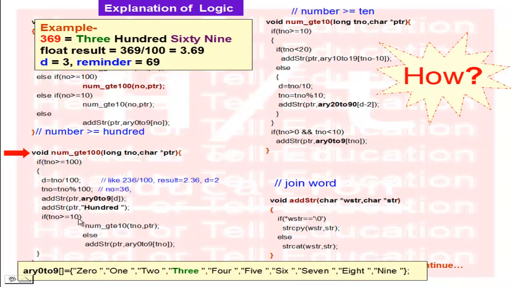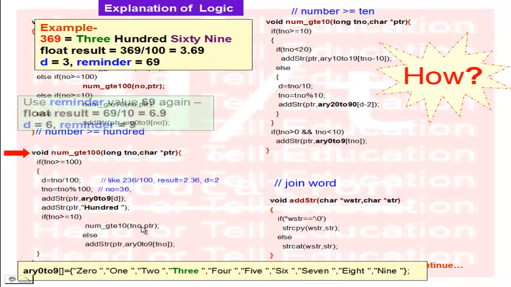Now next, our remainder is 69. What is the remainder? So again, tno is greater than or equal to 10. This condition is true, meaning we already have the remainder 69 in tno. So we call the function again. What is 69? 69 divided by 10. Here in this function, first we check whether the number is greater than or equal to 10. Yes, true.